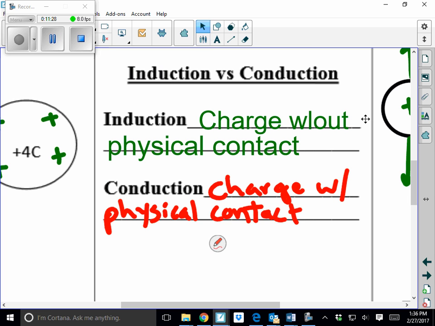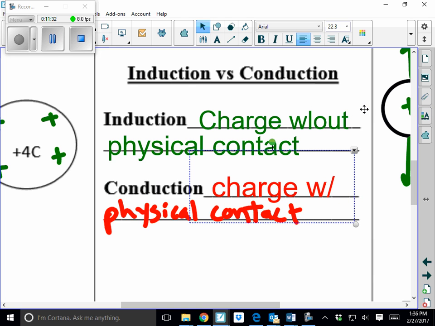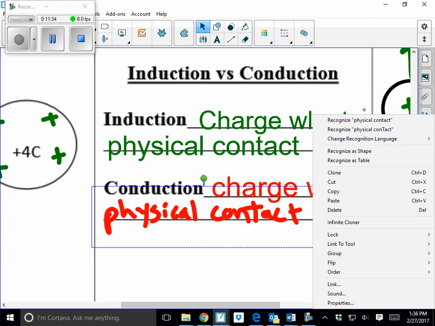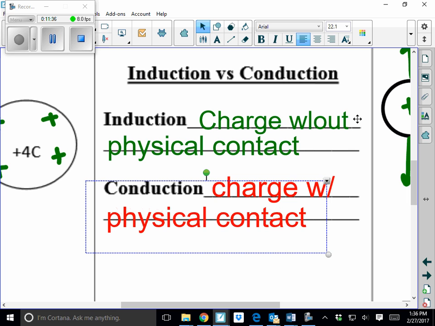The example that I want to give you is the first predict, observe, explain I did with you guys, which was I was using Thumper to charge a rod, and then I held that rod close to a Mountain Dew can turned on its side, and the can started to move.